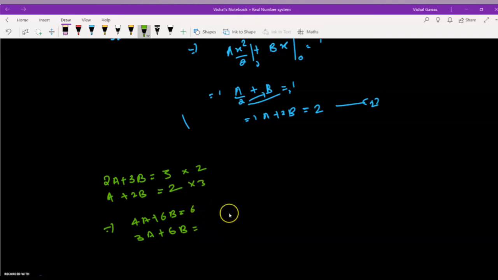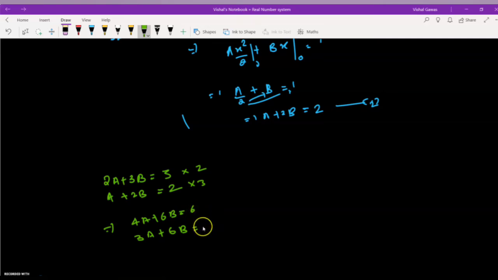Now just check. Did I make a mistake? This would be 3a, multiplying this by 2, right? Boy, how can I make a mistake like that?